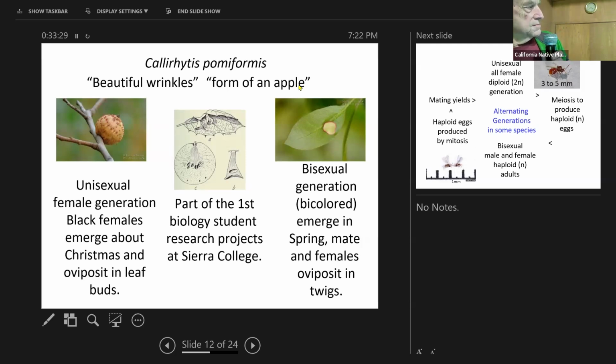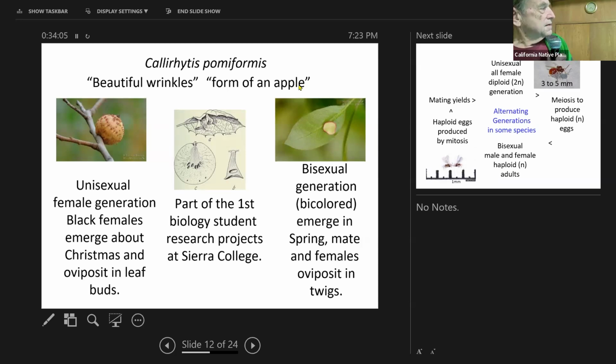What comes out of those in the springtime is males and females. They do not look like their mother. They're anatomically different. They're different colors. It turns out that these females produce eggs by meiosis. The eggs only have half the chromosomes that they had, and so their offspring are haploid, kind of like male honeybees are haploid.